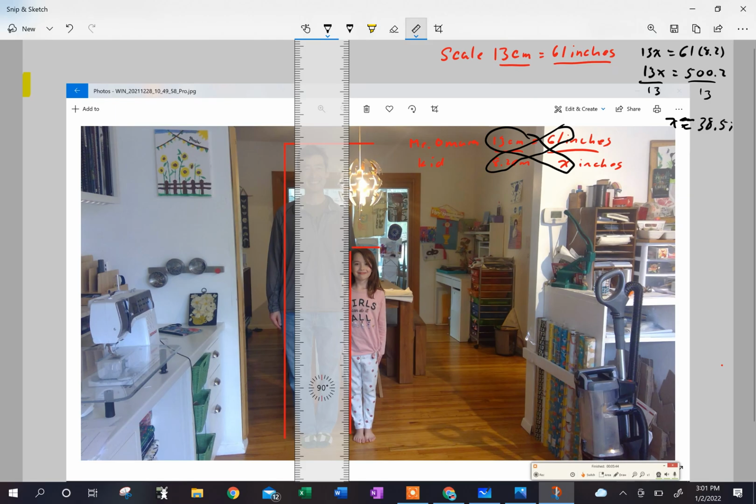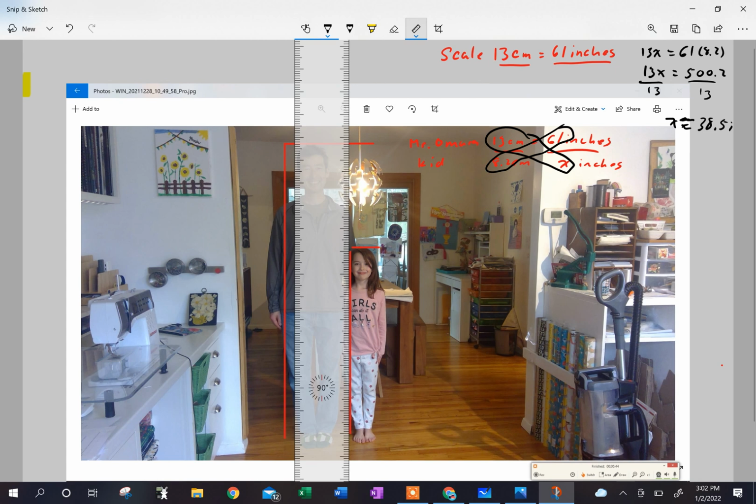So it looks like my daughter is 38 and a half inches, which is a little bit over 3 feet tall. And that is it. I'm going to do another example very quickly.